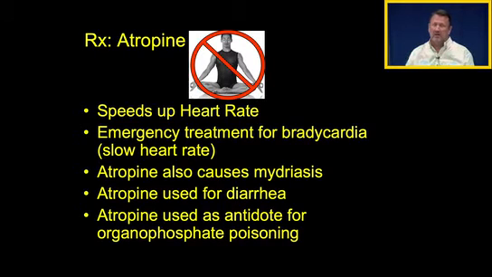We can use belladonna alkaloids and atropine to slow the bowels down. And then we'll use atropine as the antidote for organophosphate poisoning. So we'll use anticholinergic drugs to treat cholinergic poisoning, and we'll use cholinergic drugs to treat anticholinergic poisoning. It won't be that simple when we get into central nervous system pharmacology.